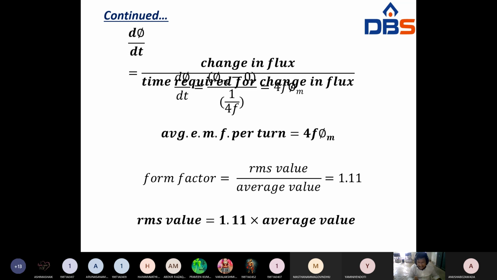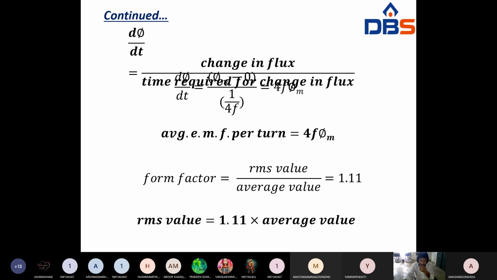What is the relation between the AC value and DC value? Form factor. The ratio of RMS value to average value is nothing but form factor. For a sinusoidal value, the form factor is 1.11.